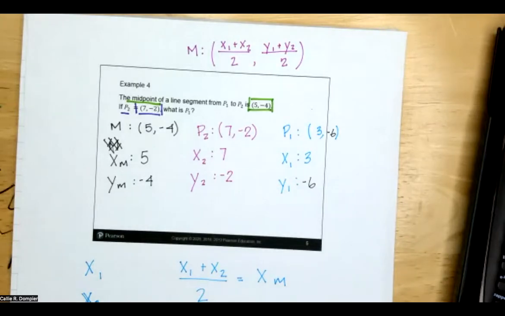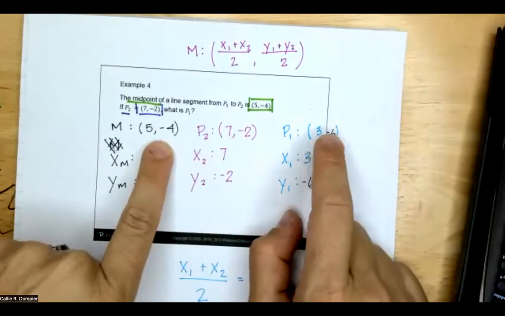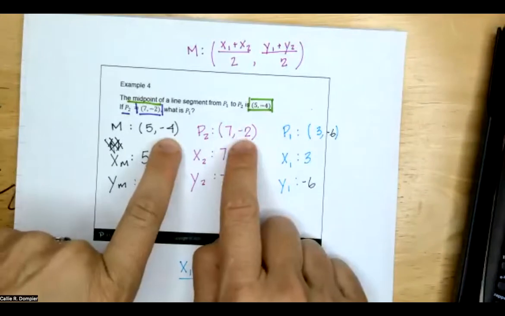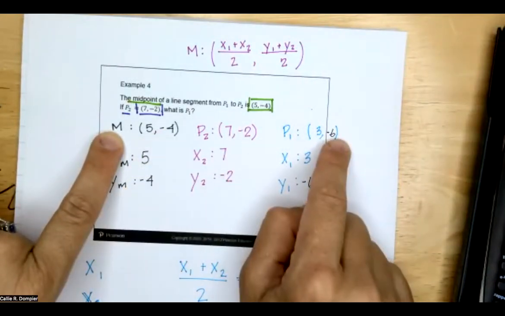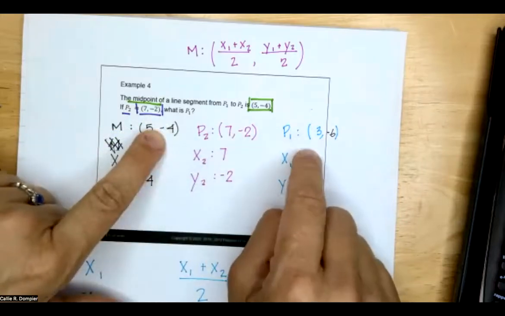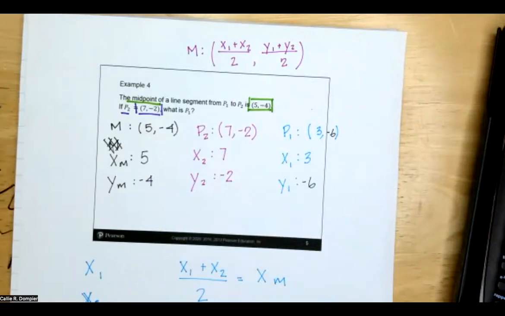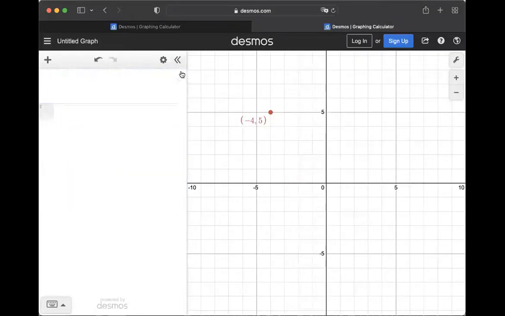Does that make sense? So we're not saying that -6 is between -4 and -2. We're saying that -4 is between -2 and -6. That sounds true, right? We're also saying that 5 is between 7 and 3. That also sounds true. We can quickly look at Desmos. So we said our midpoint is 5, -4.